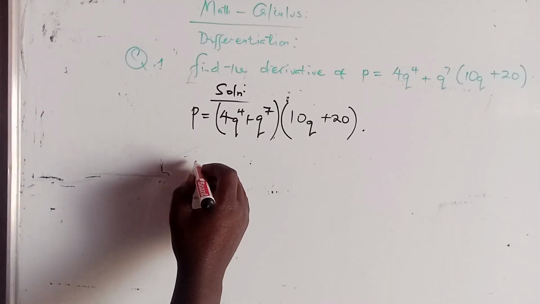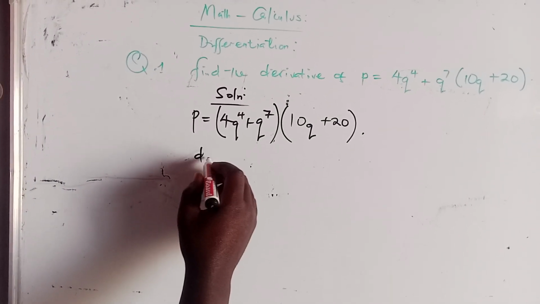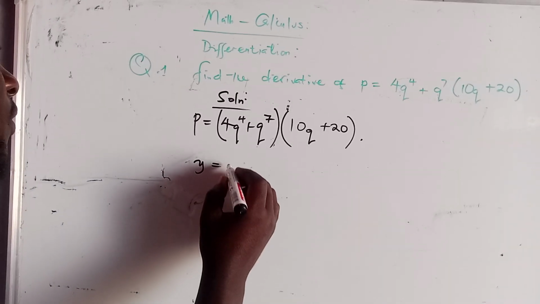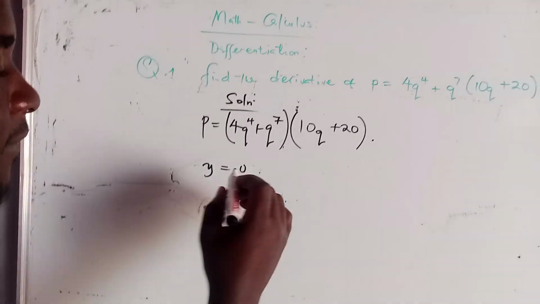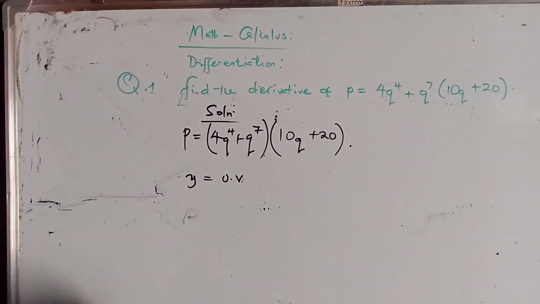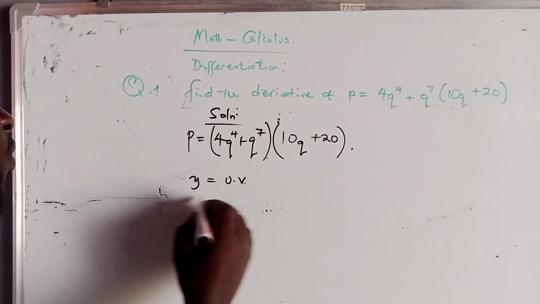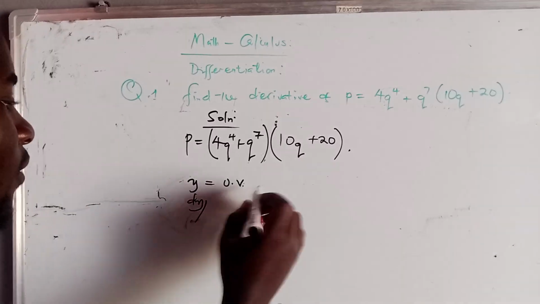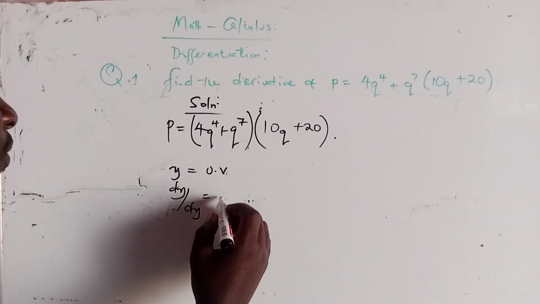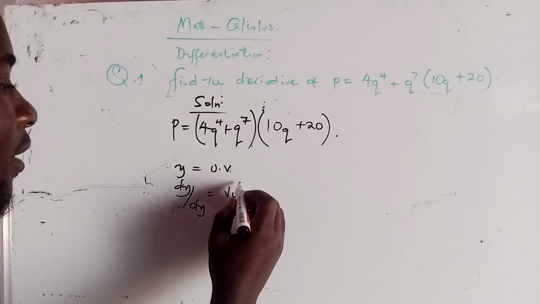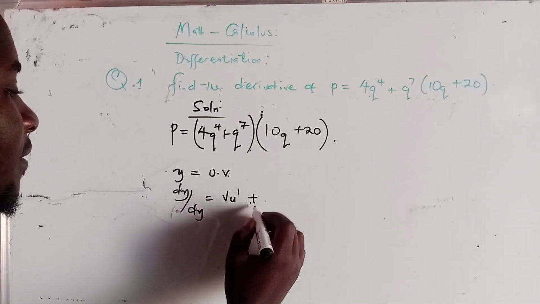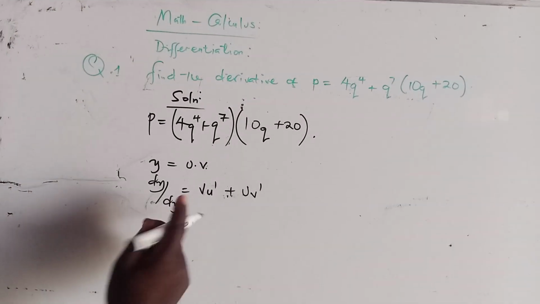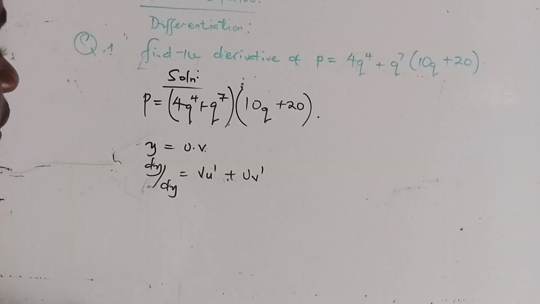The product rule states that if you have a function, say y equals u times v, where u is the first function multiplying with the second function v, then the derivative dy/dx will be u v prime plus v u prime.